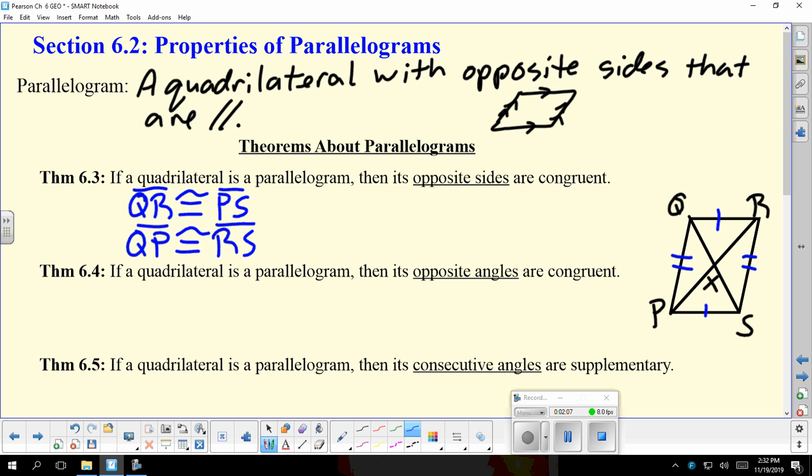And next, if a quadrilateral is a parallelogram, then opposite angles are congruent. So angles opposite each other are congruent. So angle R is congruent to angle P, and then angle Q is congruent to angle S.